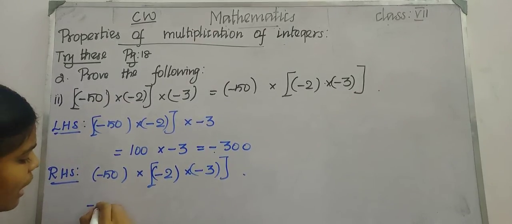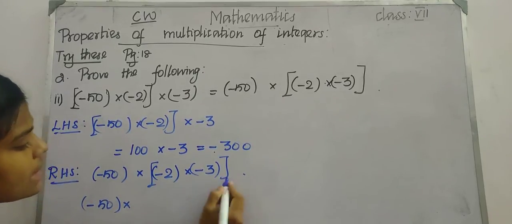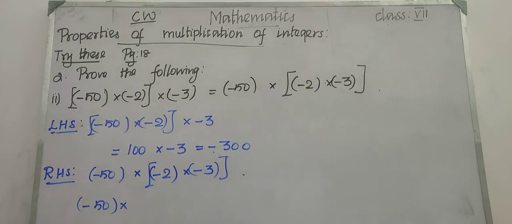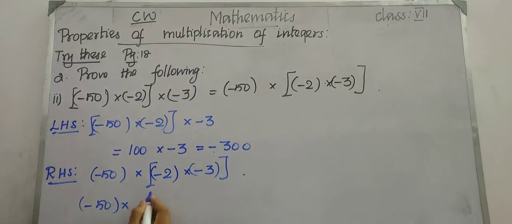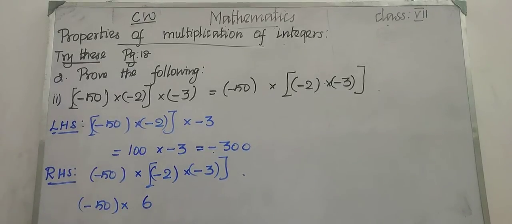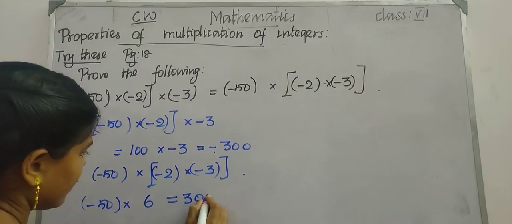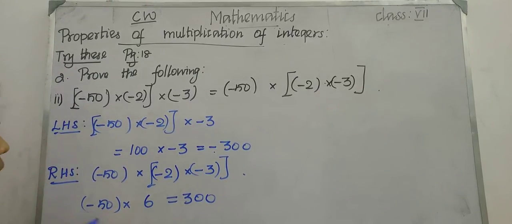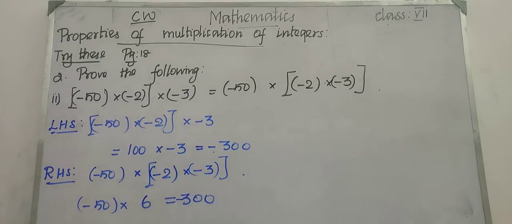So minus 50 into, 2 3s are 6, right? So minus into minus is plus. So 2 3s are 6, plus 6. So 50 into 6, 6 5s are 30. So 300. So minus into plus is minus. So minus 300 is the answer.